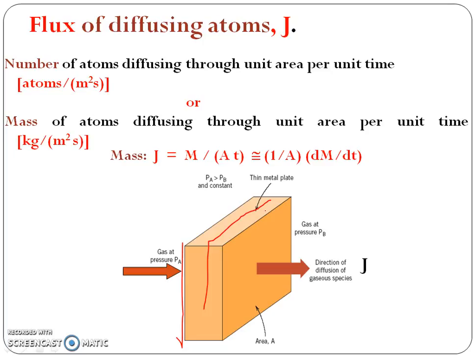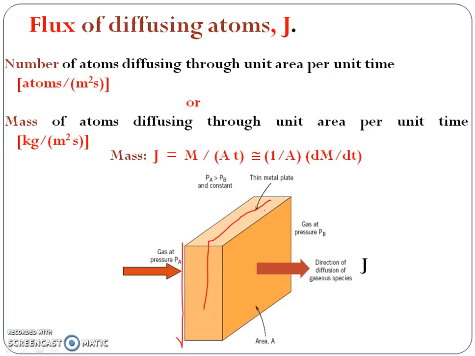Generally for industrial problems we come across diffusion through either metal plates or different packaging materials, through which we have to calculate the diffusional rate, and hence we can calculate the shelf life of the material inside the packaging material, water vapor transmission rate, gas transmission rate, and other things in other cases.